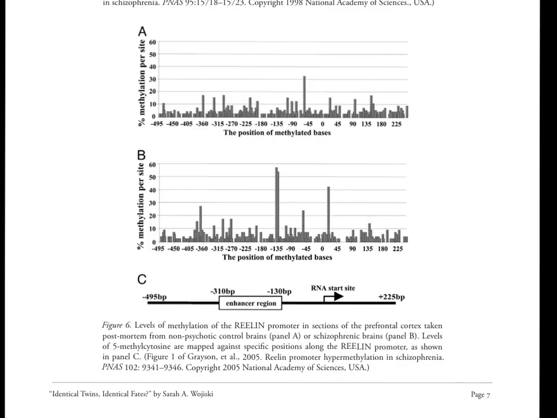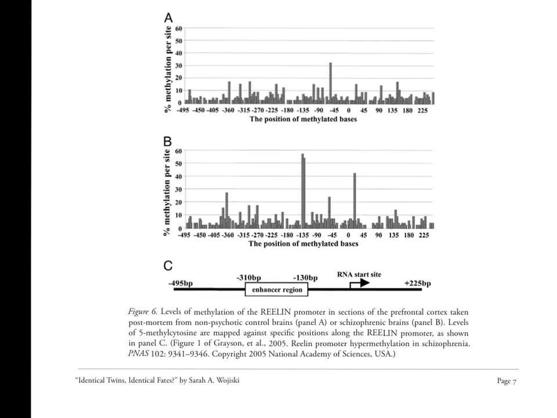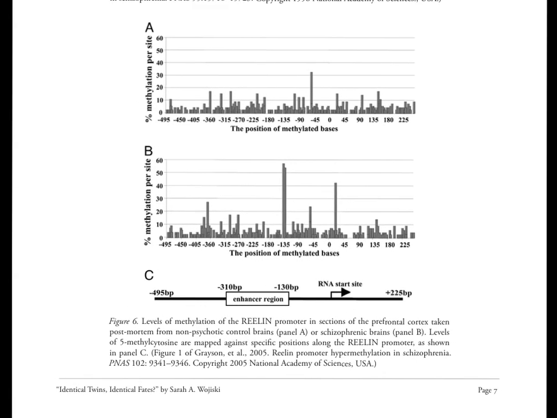Okay, so here in these graphs, these three graphs actually, we look at the methylation of non-psychotic patients after postmortem, after they've died. They've done an autopsy and they've collected the data. And here we have percent of methylation per site. Here for non-schizophrenics, that's all along here. And these are sites.